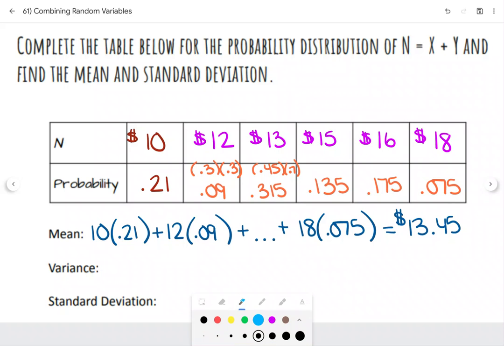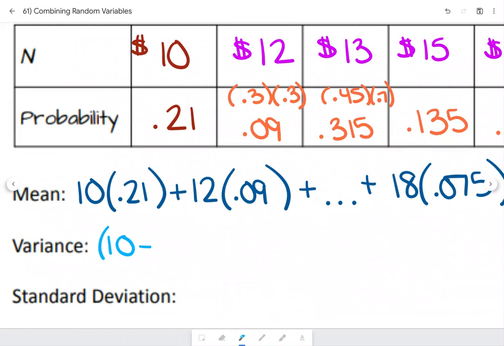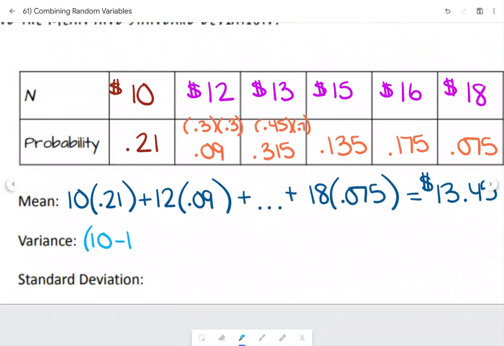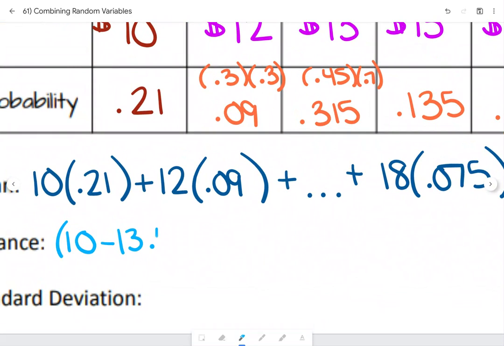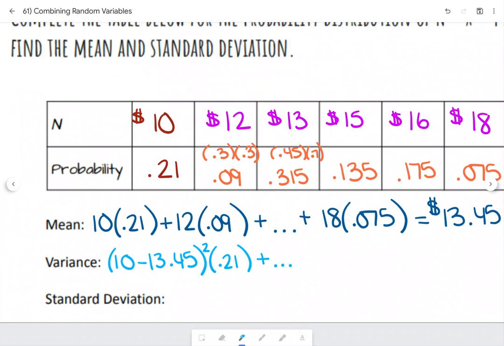The variance, we do the same thing again as before. We take our value, we subtract that expected value that I just got, the 13.45. We square the two and multiply by the probability. I'm going to cheat a little bit here, and I'm going to do the same thing as the previous step, and just show my work as me calculating it. 18, subtract that 13.45 squared times our probability of a 0.075.